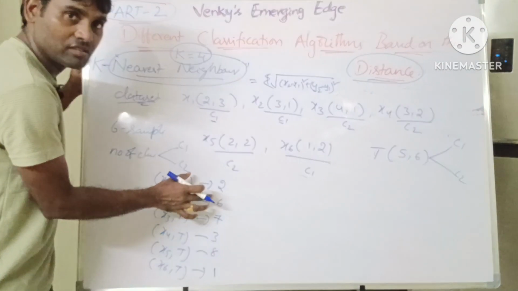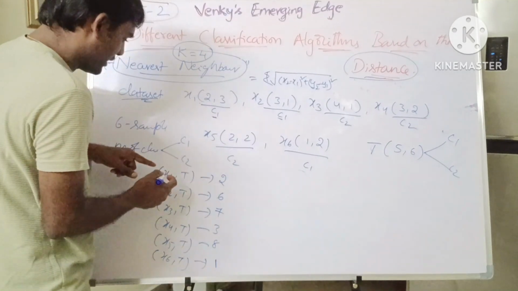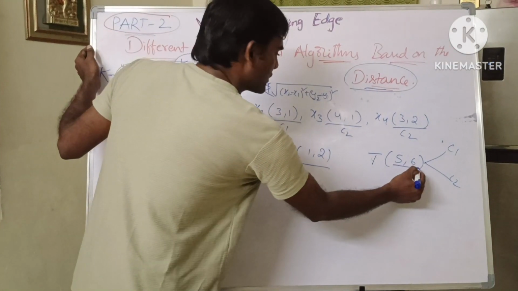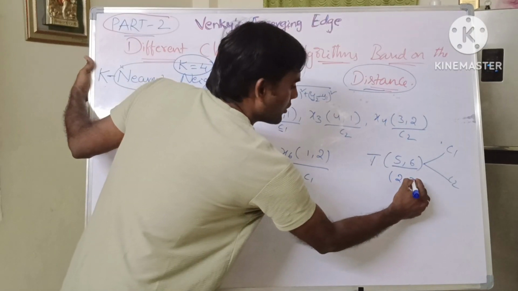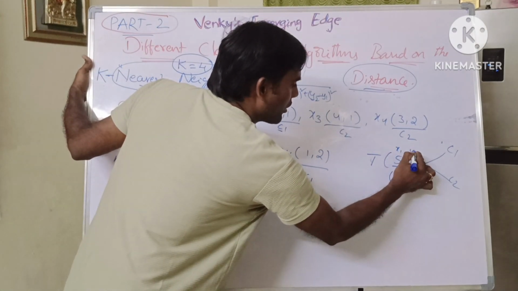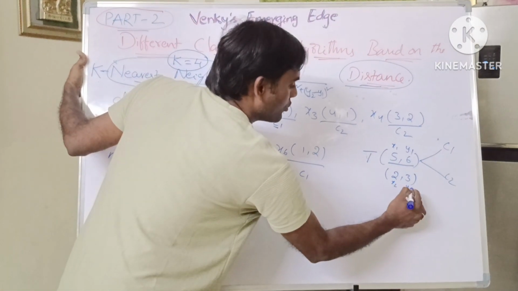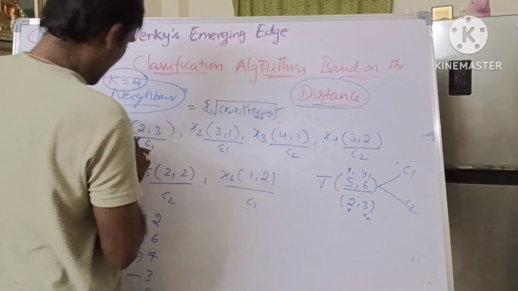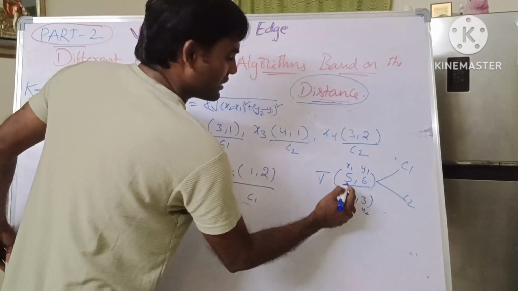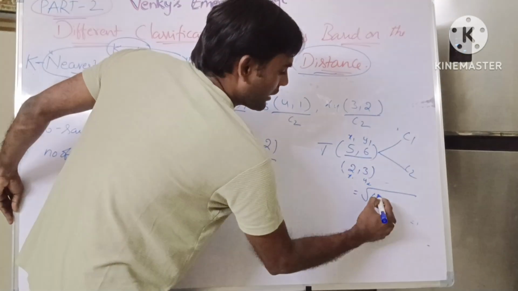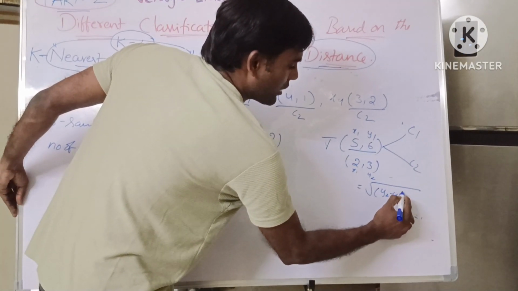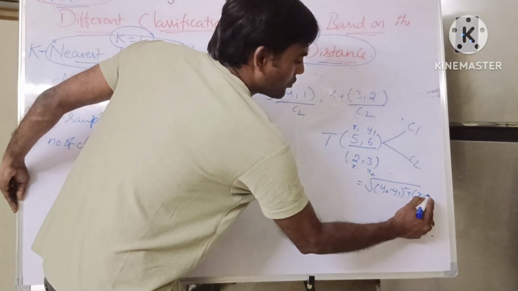So how to calculate the distance? For example, here is the new data item, 5 comma 6. What is the x1 data item? 2 comma 3. So take this as x1 y1, and 5 comma 6 as x2 y2, and our x1 is 2 comma 3. Then we apply the square root of (y2 minus y1) whole square plus (x2 minus x1) whole square.